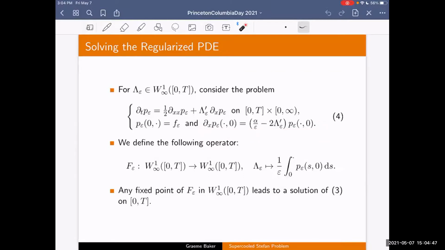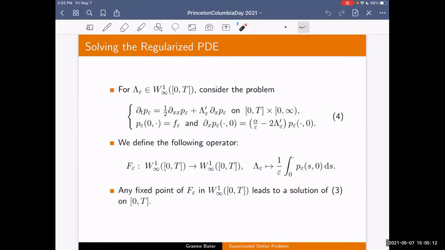It's no longer a free boundary problem, just using the classical linear parabolic tools. And then we define this operator here, f epsilon, that takes our input lambda epsilon and gives us back this time integral of the solution to 4.